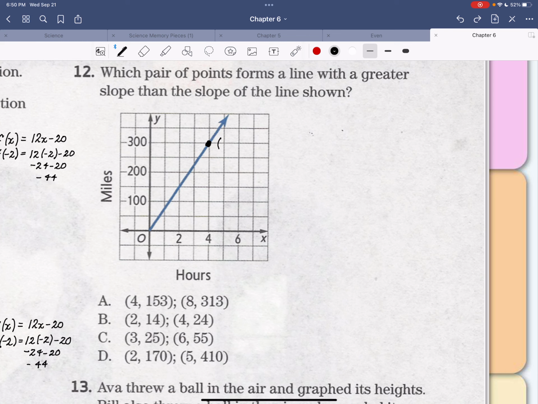Excuse me. How about 4 hours? 300 miles. And so let's reduce that to a unit rate because it passes the 0, 0 test. We can do that. So 300 divided by 4 is going to be 75 miles per hour.